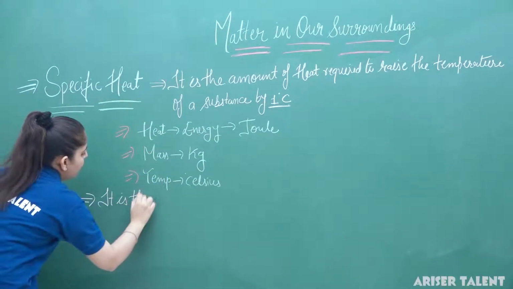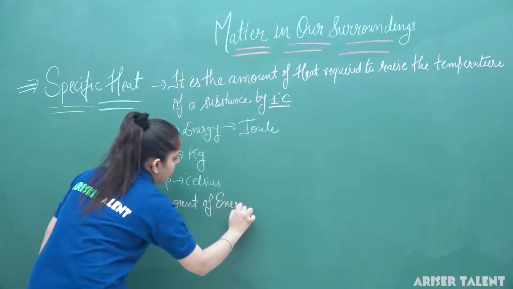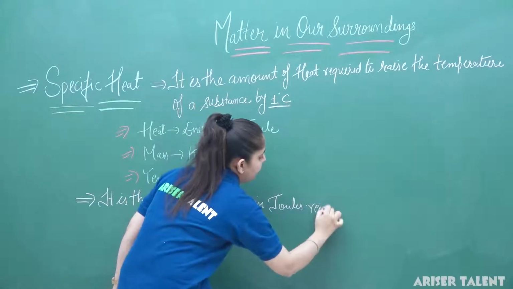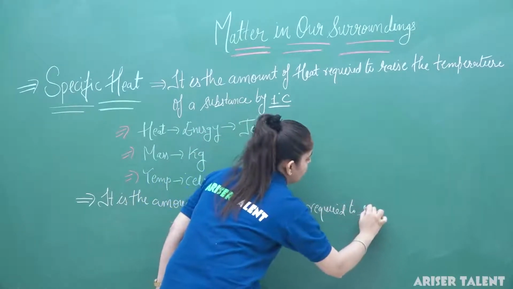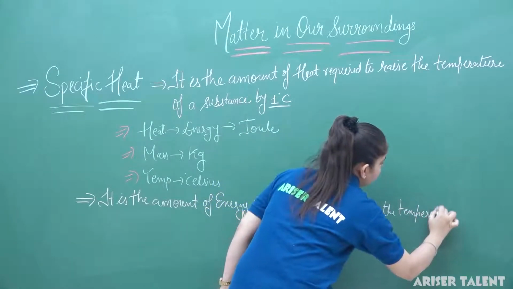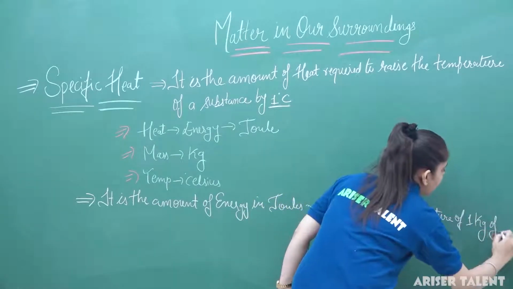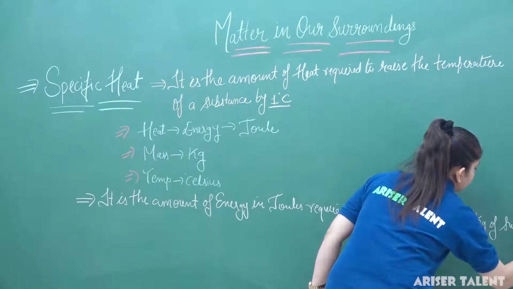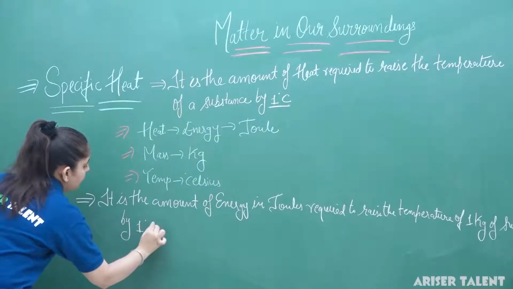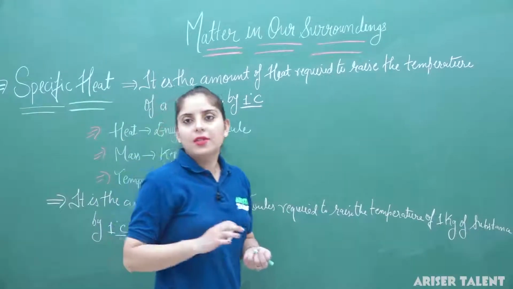It is the amount of energy in joules required to raise the temperature of 1 kg of substance by 1 degree Celsius. So, this is the another definition we can conclude from here about the specific heat.